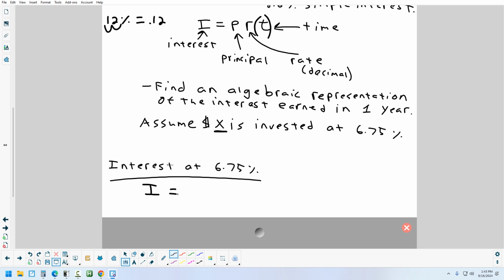Okay. So first thing we start with is the principal. How much money is Bill putting in this investment? How much money is being invested at 6 3/4%? X amount. So he's investing X dollars at 6 3/4%. That is your principal. What's the rate of this investment? But just be careful, it has to be a decimal.